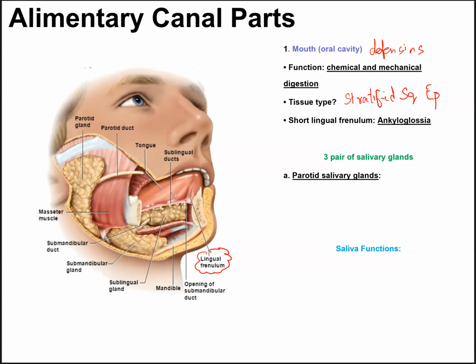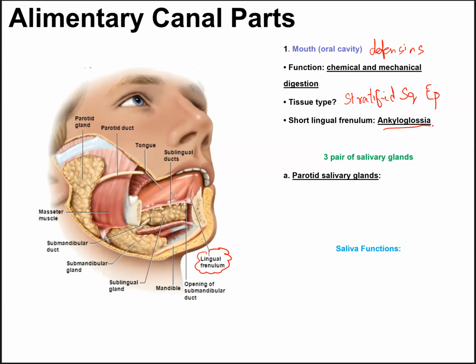Now, ankyloglossia, also known as tongue tie, is a congenital oral anomaly that decreases the mobility of the tongue. It is usually caused by an unusually short, thick lingual frenulum, and in layman's terms it's called a tongue tie.